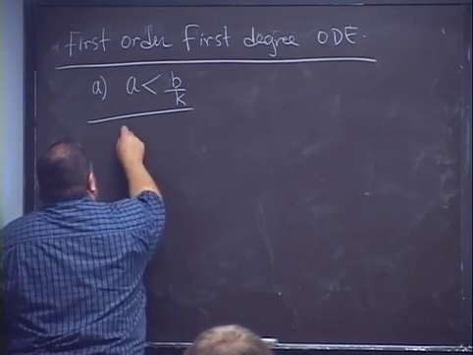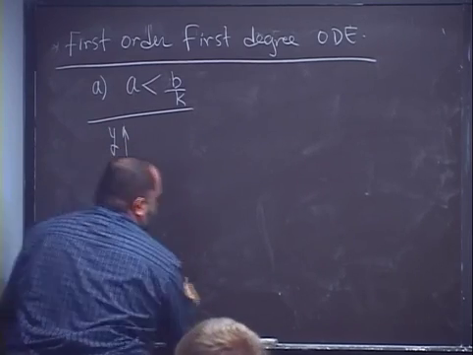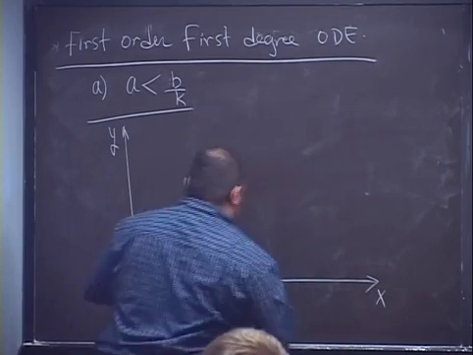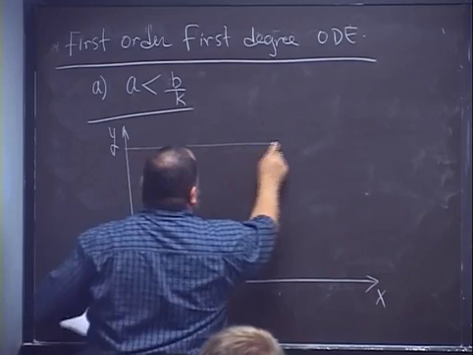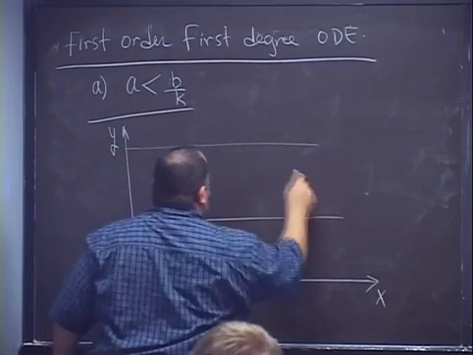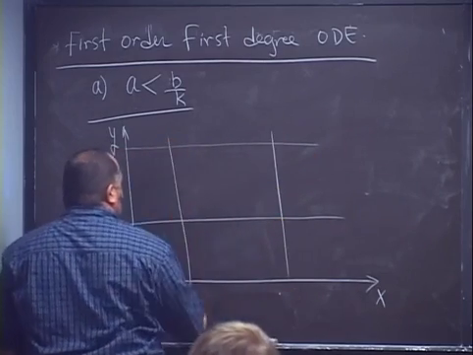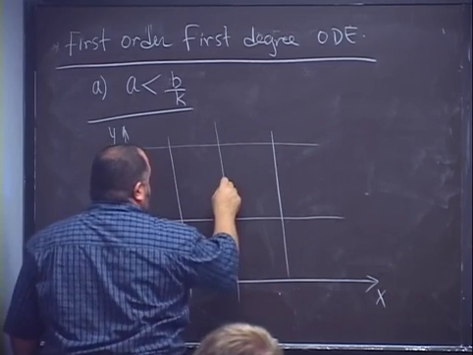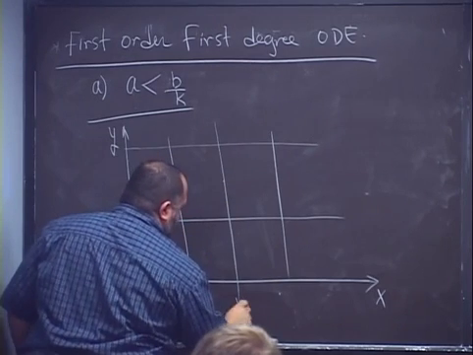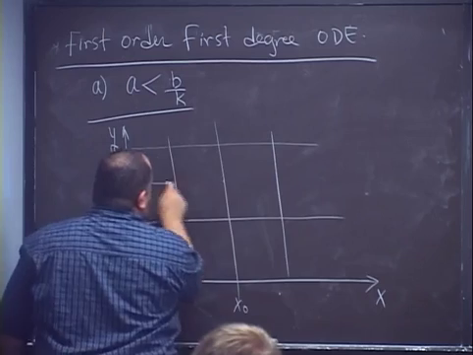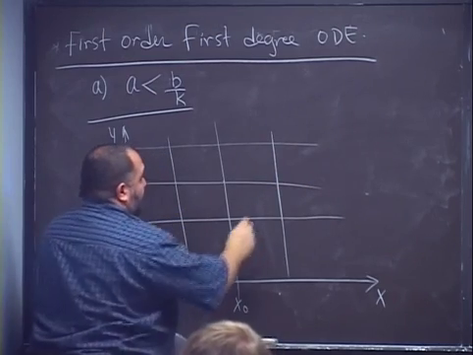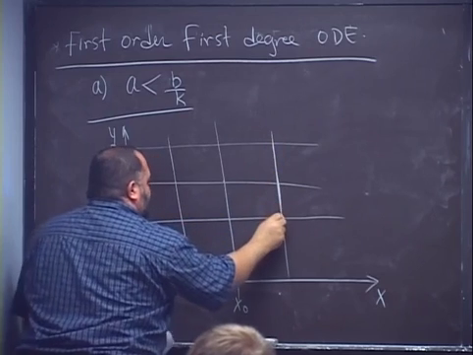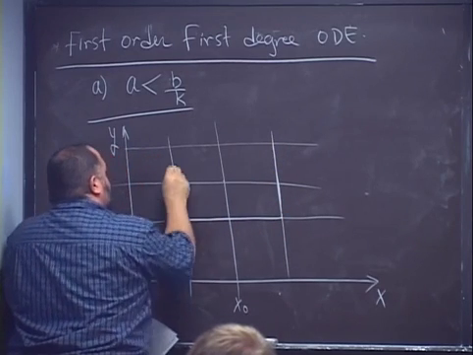So if this is y and this is x, here is the point x naught, and the initial value is y naught, and this is the region R that we talked about.